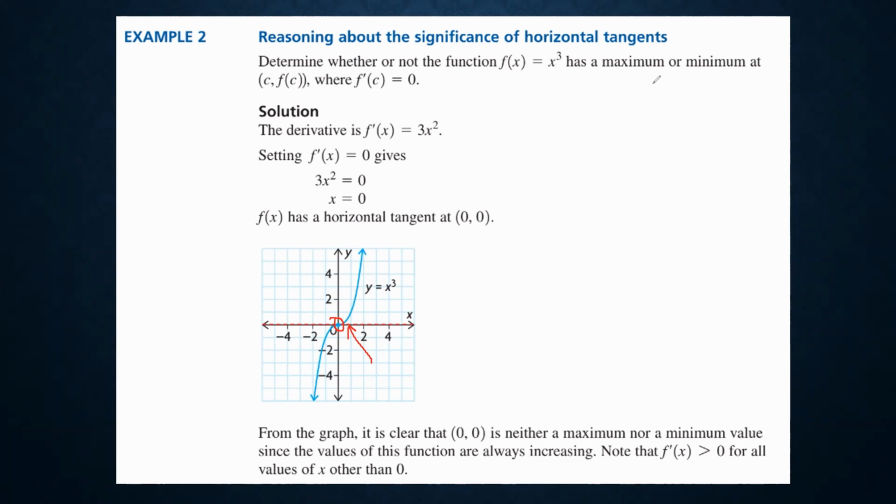Not exactly what I was asking, but you're right. It's increasing after x equals 0, but it's also increasing before x equals 0, right? Yeah, it's increasing constantly. And the derivative of this function would be 3x squared. And why is it increasing constantly? We just discussed it at the beginning of the class.